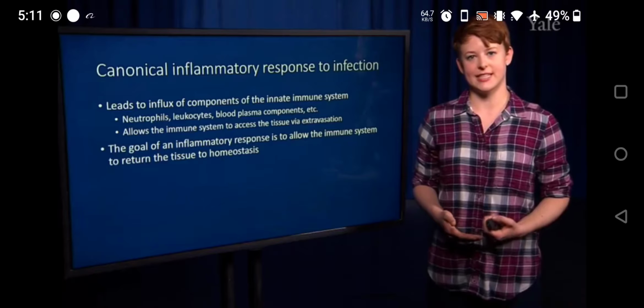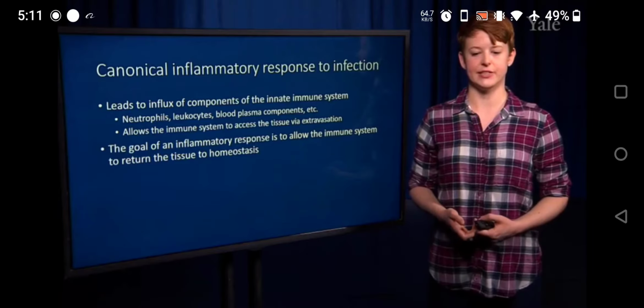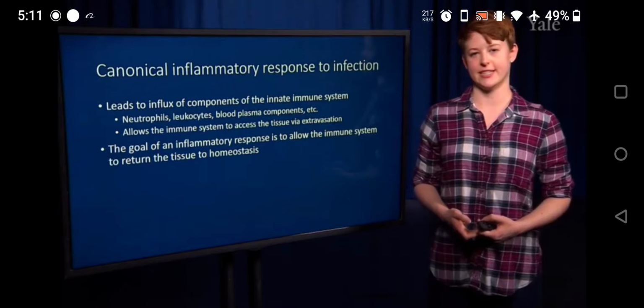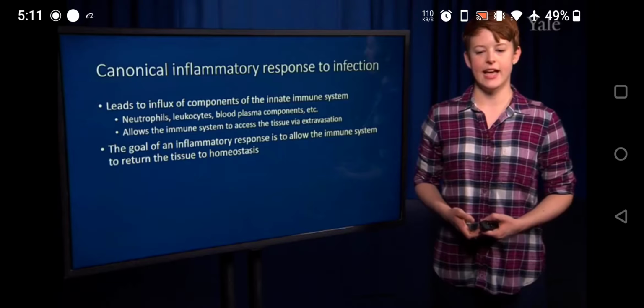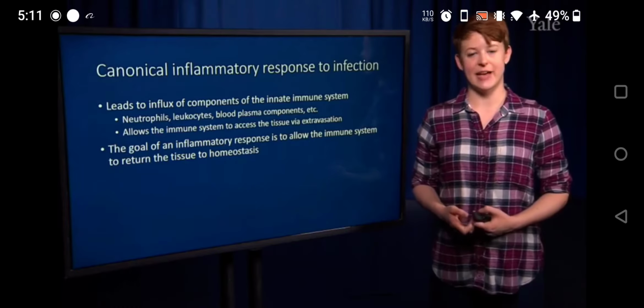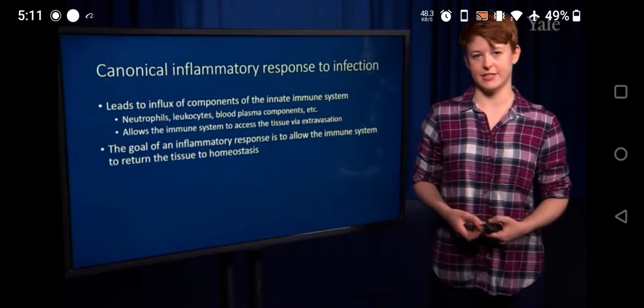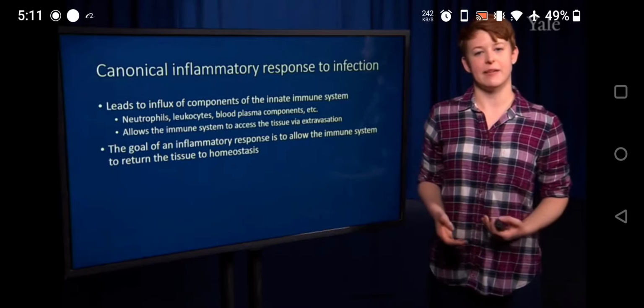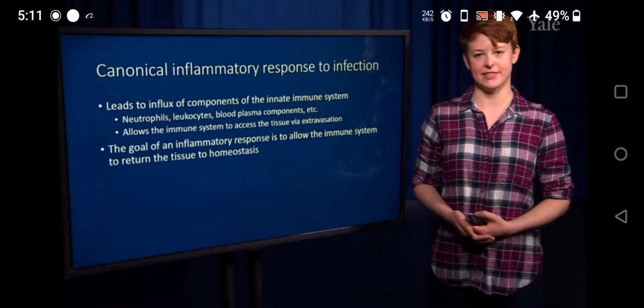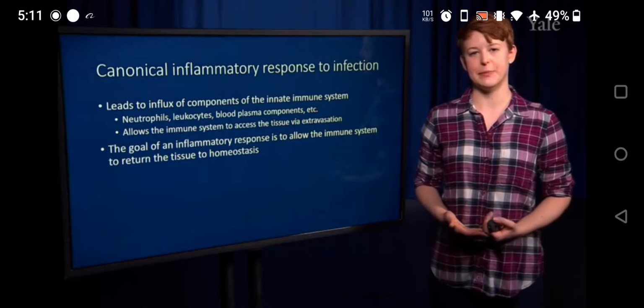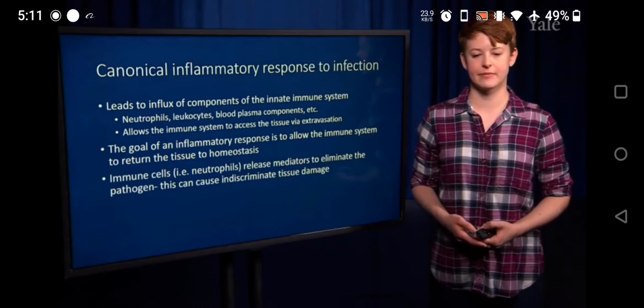And the goal of this inflammatory response is to allow the immune system to return the tissue to homeostasis. And that involves finding the pathogen, removing the pathogen, and then cleaning up any damage that was left in the tissue and restoring that tissue back to its healthy state.